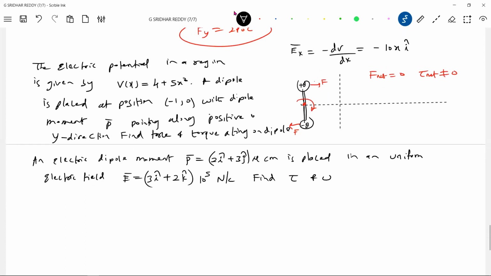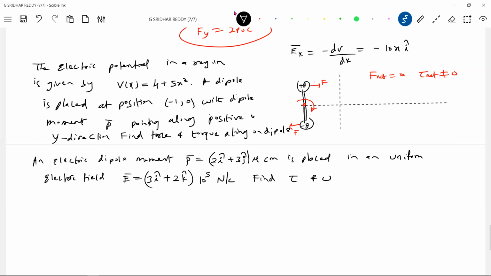Okay, instead of giving that, I'll give it in vector form. I think this will be very simple, no? So what is the formula? Torque equal to p bar cross E bar. You know, it's not addition, it's a cross product. i cross i will be 0. k cross i will be j. i cross k will be minus j.